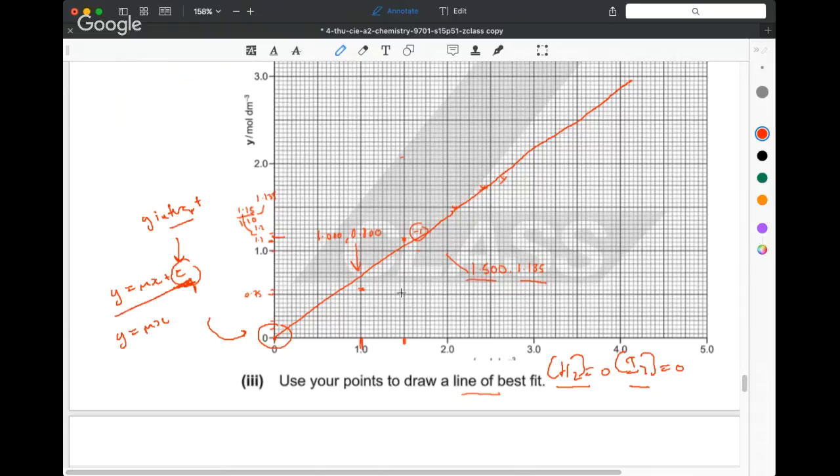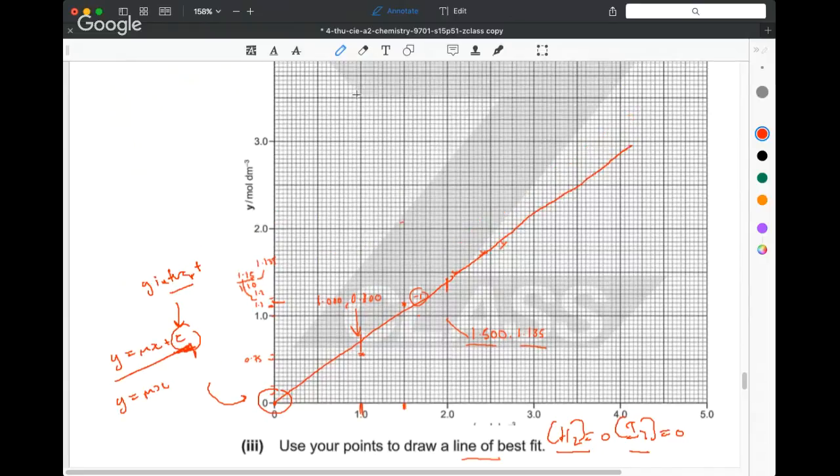So choose one easy coordinate, a coordinate on a thick line here, so a coordinate there or there. And then your second coordinate, again, is going to be an easy coordinate on the x-axis. You might choose that one there.